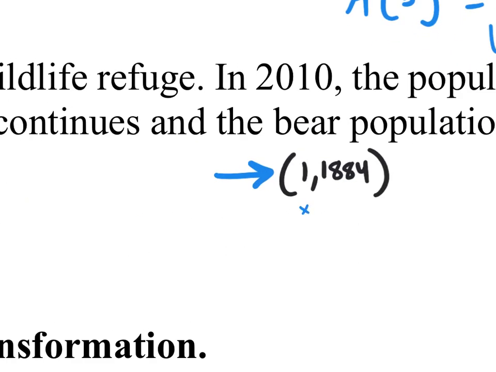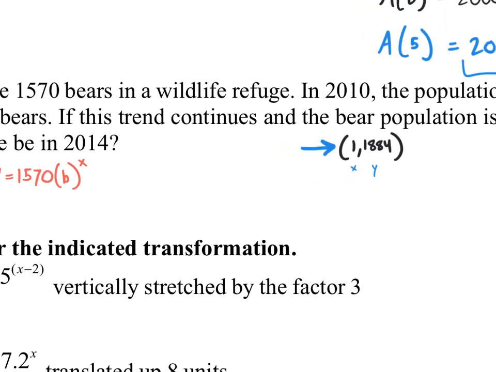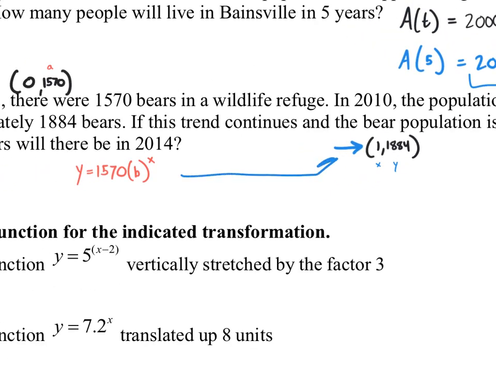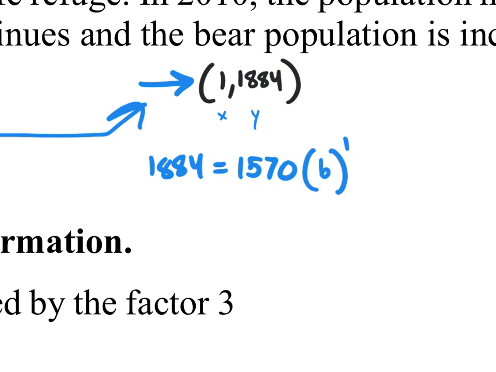I'm going to use this as my x-coordinate, and this is my y-coordinate, and I'm going to apply it to our equation. So we have 1,884 as the y-coordinate. We already knew that 1,570 was our initial amount, and we'd have b to the first. And b to the first power is just b.